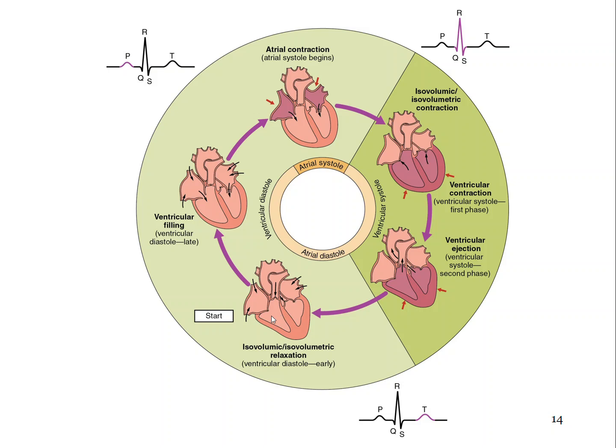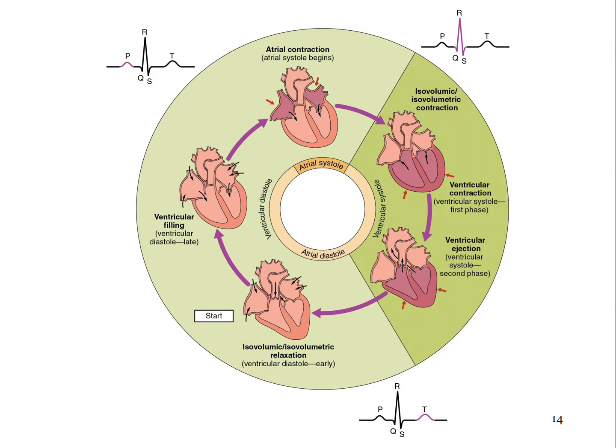Then the pressure inside the ventricle falls below the pressure inside the atrium. Then the one-way valve will open into the ventricle, and we have rapid filling. The blood will rush into the ventricle. This is the passive rapid filling phase.